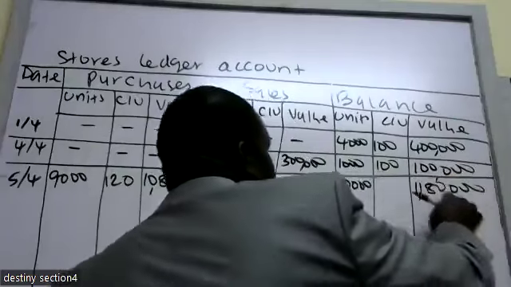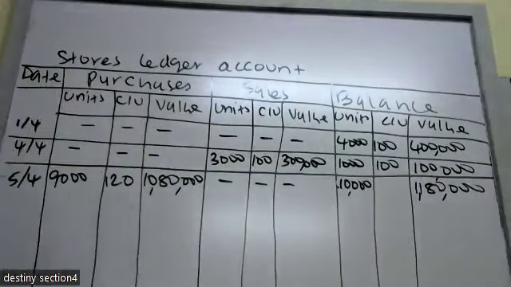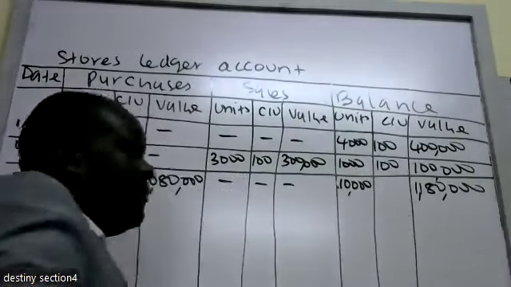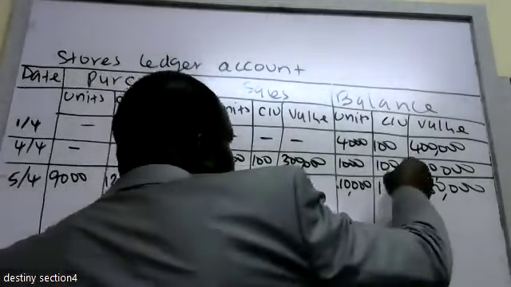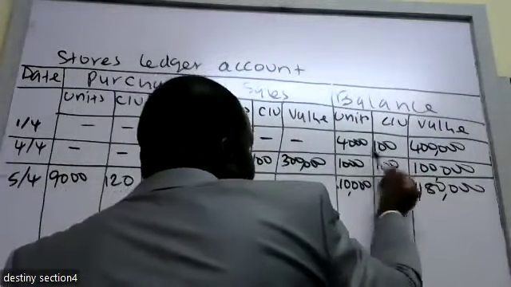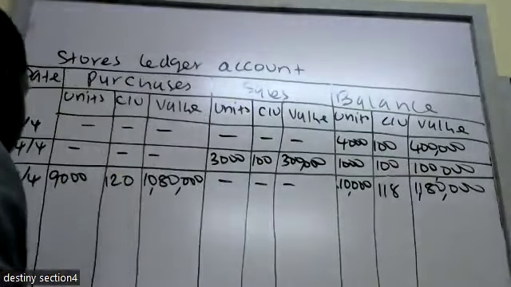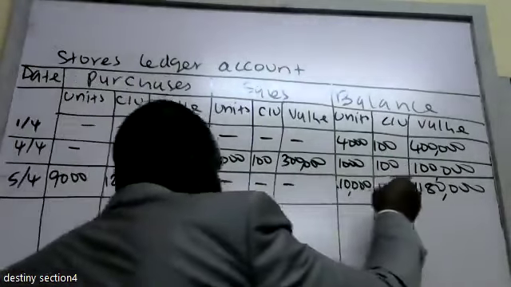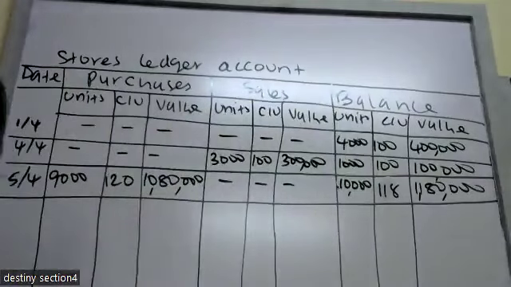So take this divided by this, give us now the average price. So you take this figure, divide by this to get the average price, 118. So that is now how to get the average price.